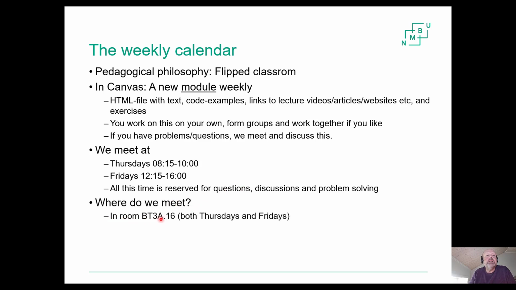Where do we meet? We meet in this room here, which is called the Rossing Auditorium. It's on the 3rd floor of the biotech building. It's a nice room in the sense that the tables and the chairs are free to move, so you can arrange yourselves into groups if you like. It's not an auditorium where you have to sit in rows. That's nice.